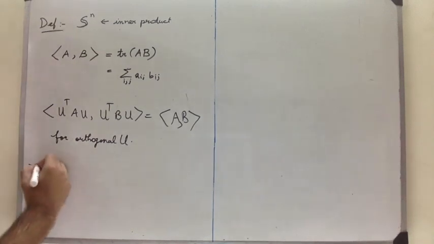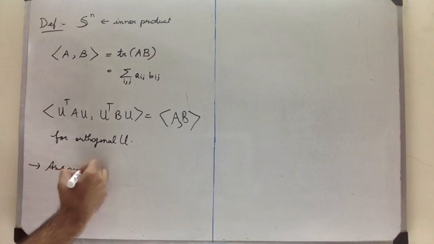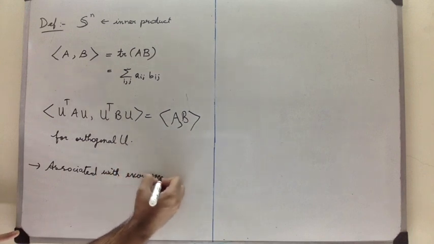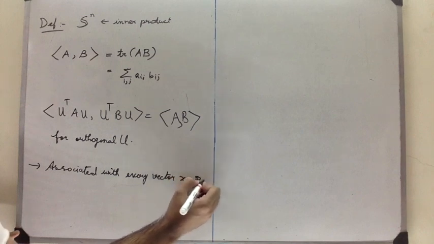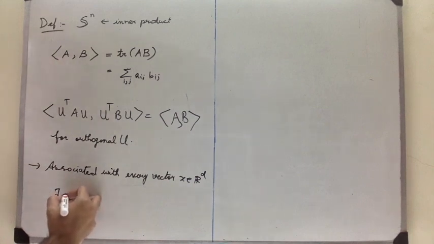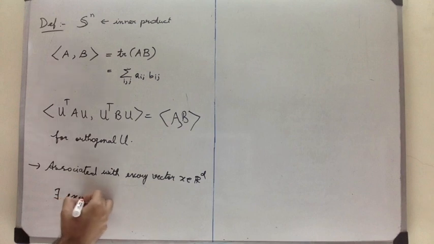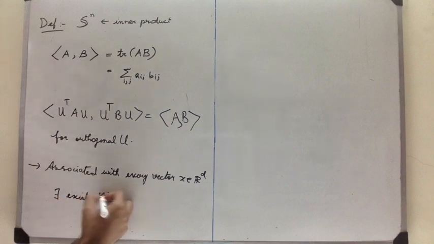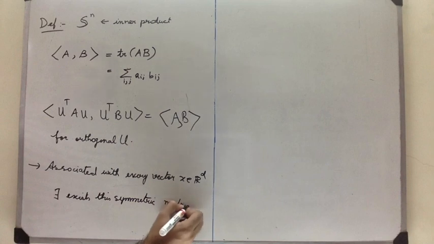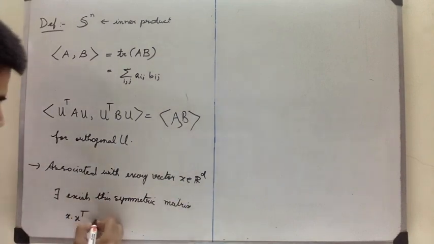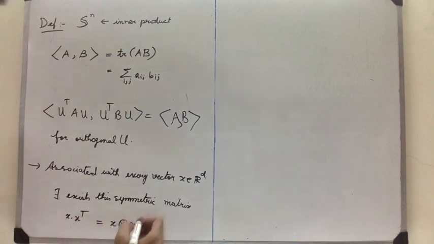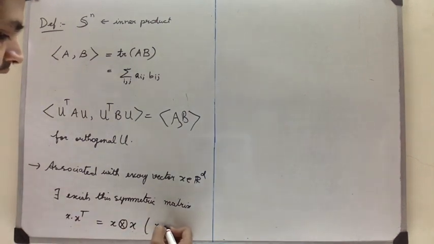Associated with every vector X in RD, there exists this symmetric matrix that is X X transpose. It is also written as X tensor product X. So the components of this matrix are Xi Xj.